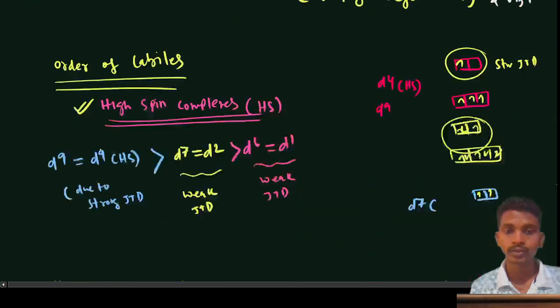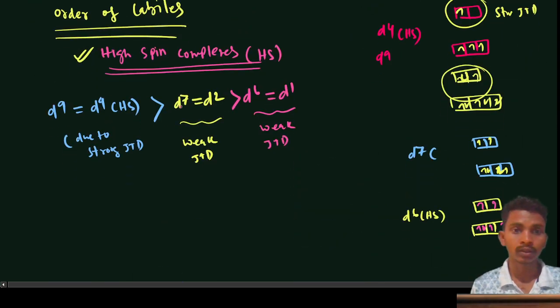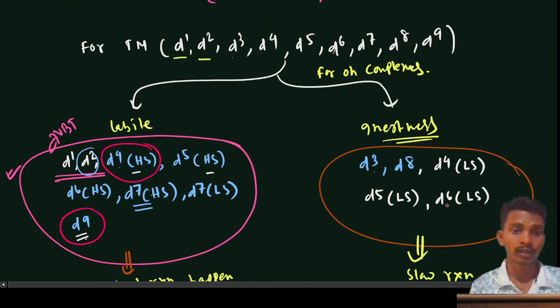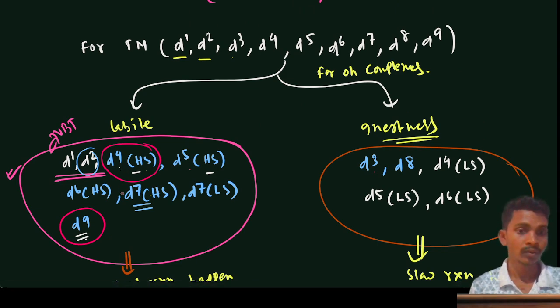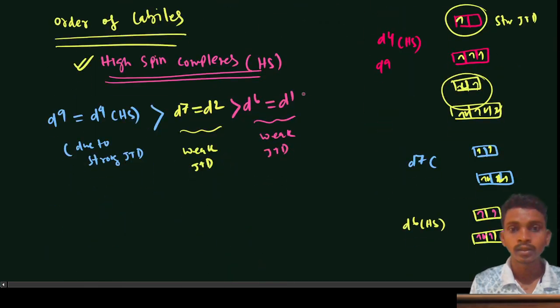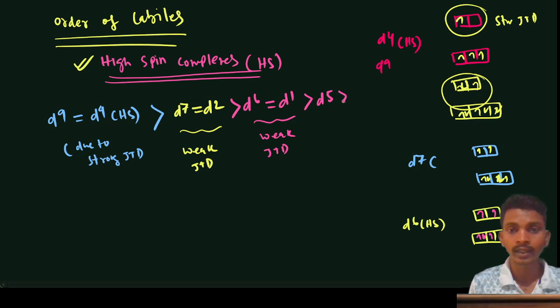Then what are left? 1, 2, 3, 4, 5, 6, 8, 9. So now after that we have D5, also we have D4. So after D5 will come D4.